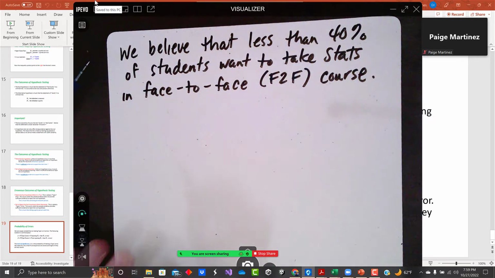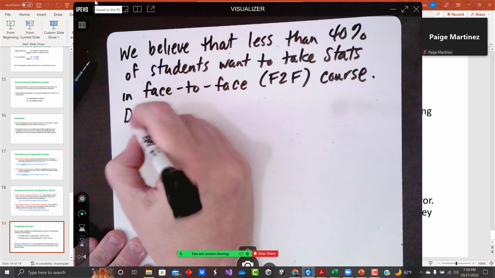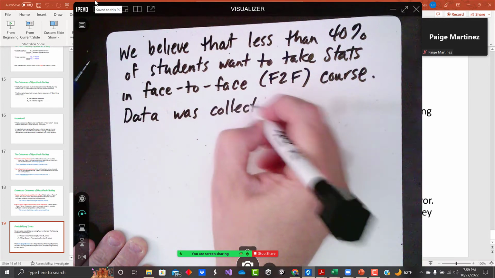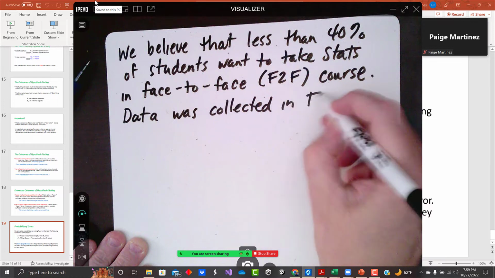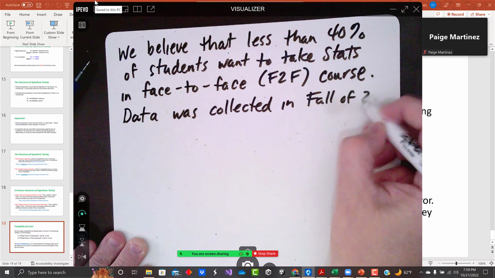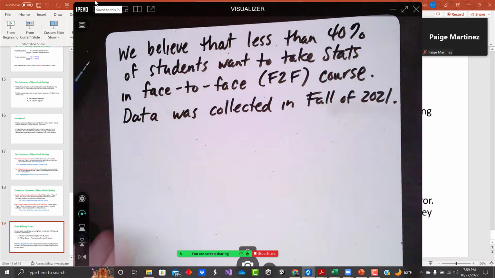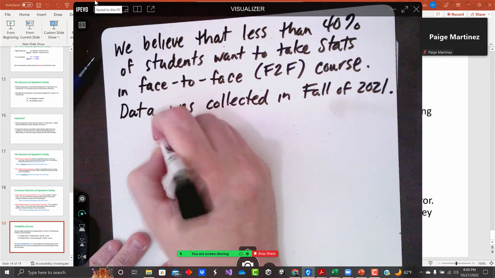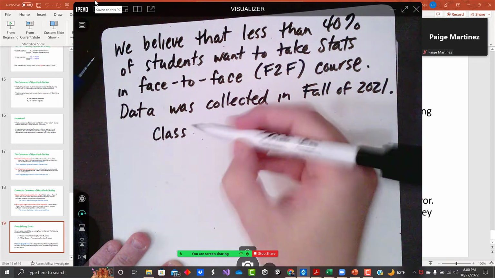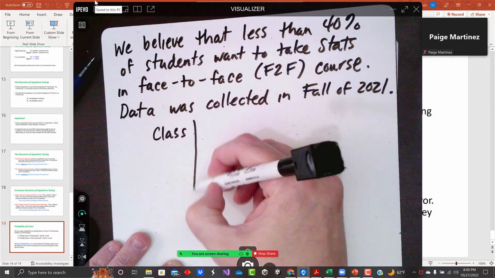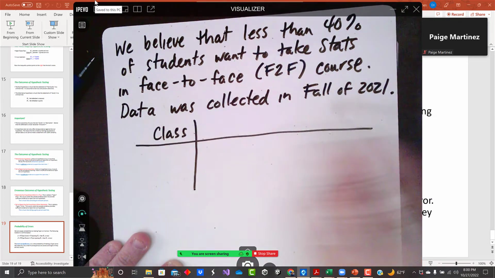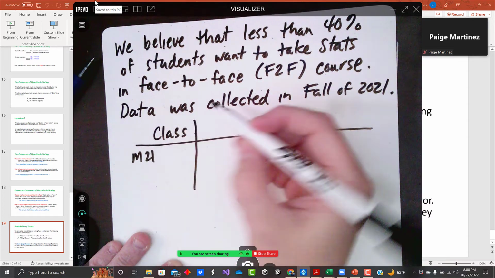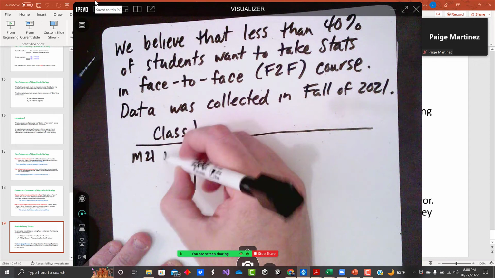So, data was collected in fall of 2021. On enrollment. This is enrollment data. So I'm going to list the class. We looked at Math 21, stats, just a regular course.